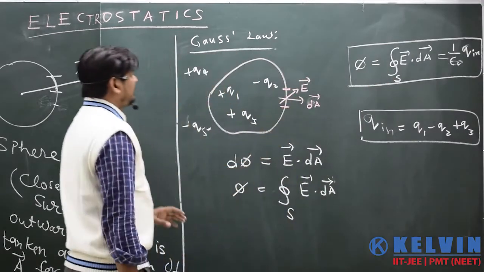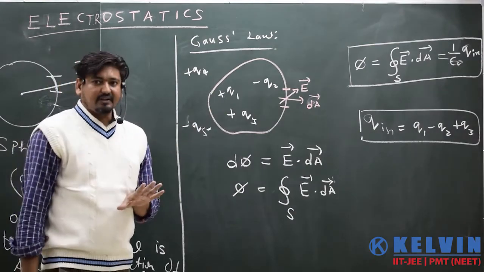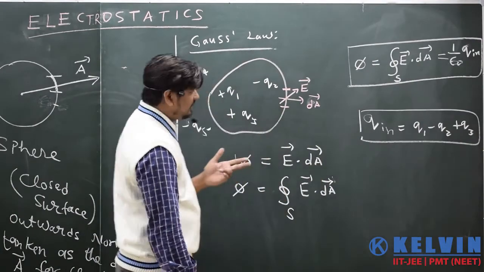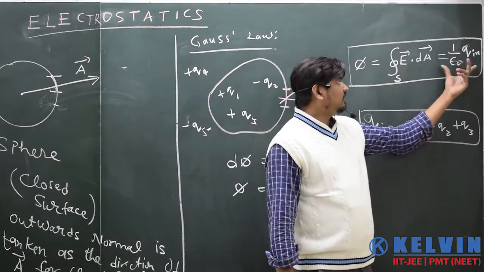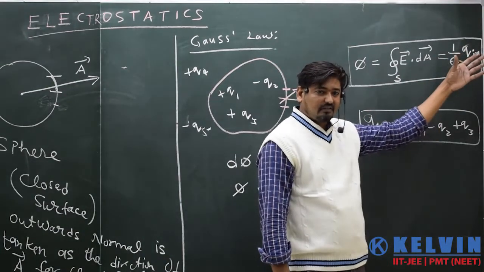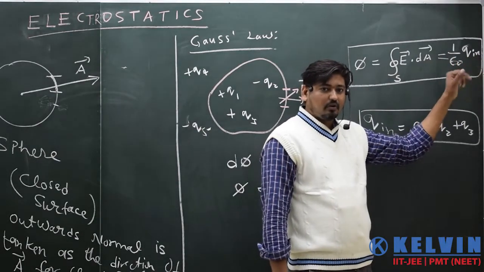So this is basically, overall, Gauss law. There are a few things to understand in this law. We are calculating the flux in two ways, one from the left hand side of this equation, one from the right hand side, right? If we know the total charge enclosed inside the surface, we can directly calculate the flux as Q inside upon epsilon naught, no problem.